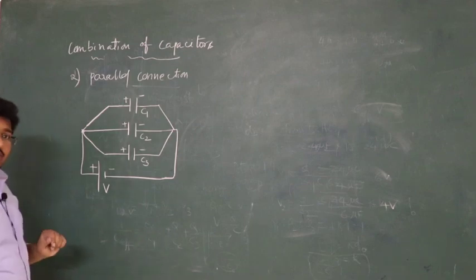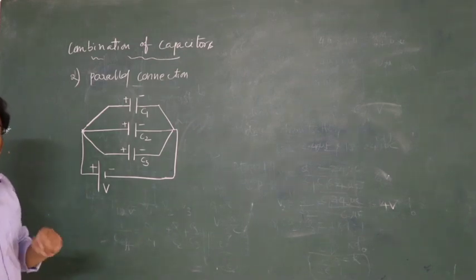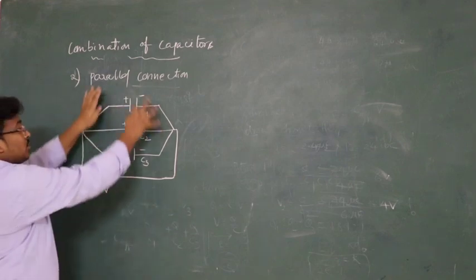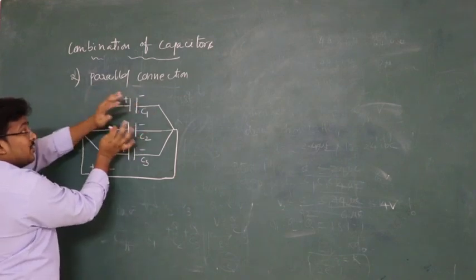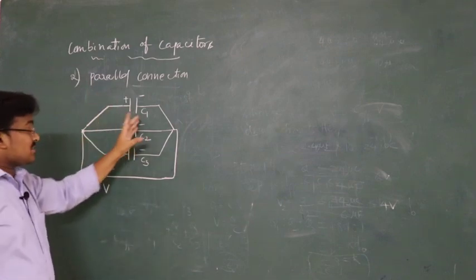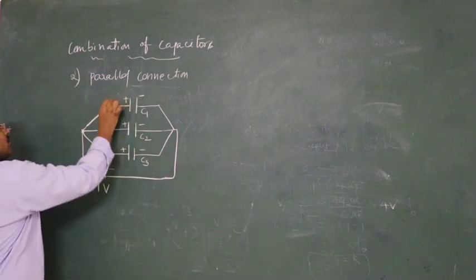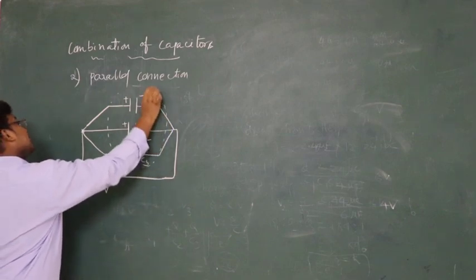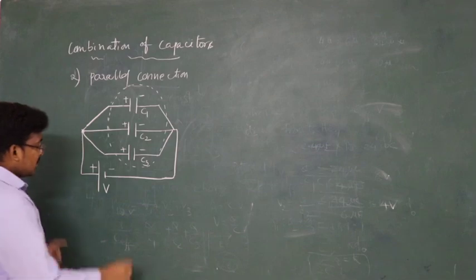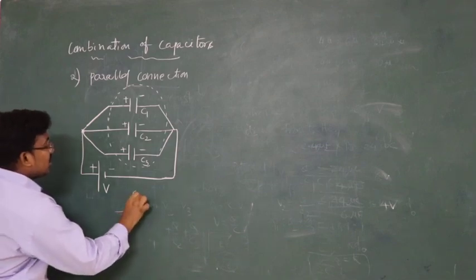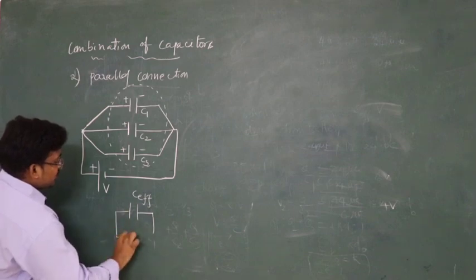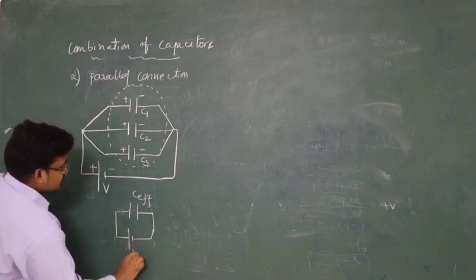Now here we would like to find the equivalent capacitance. We have three capacitors, and we have to find a single capacitor which shows the same effect. Instead of these three capacitors, we write a single capacitor called C effective or C equivalent, which has the same effect.